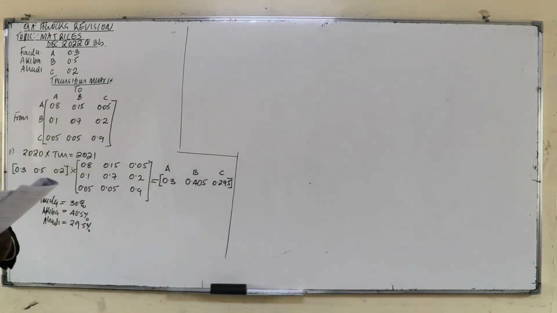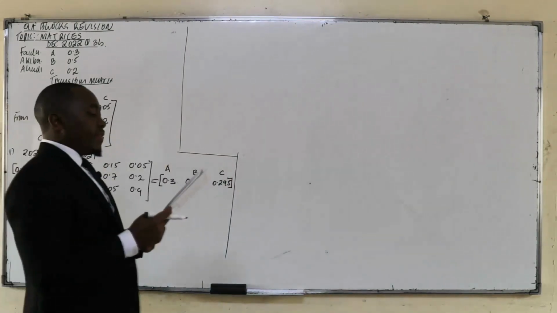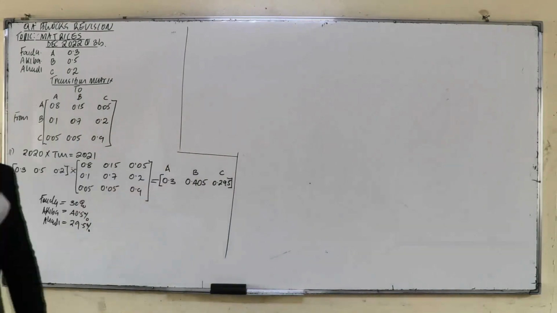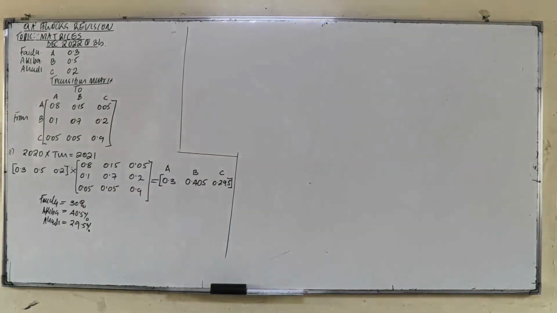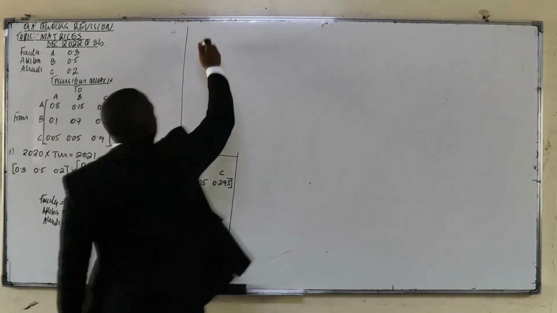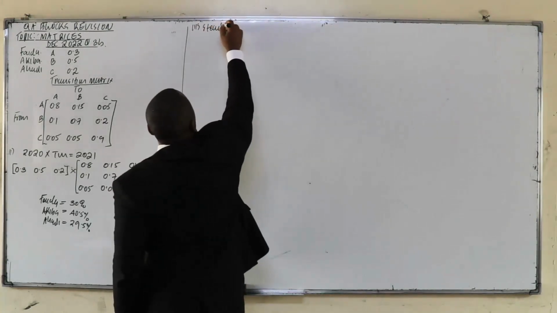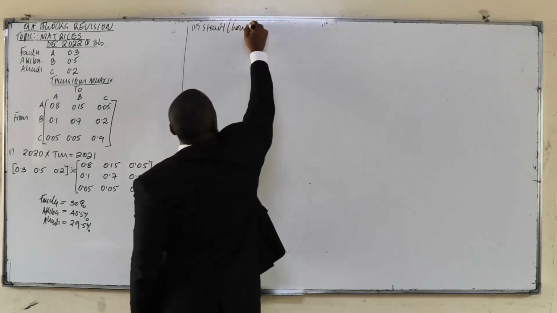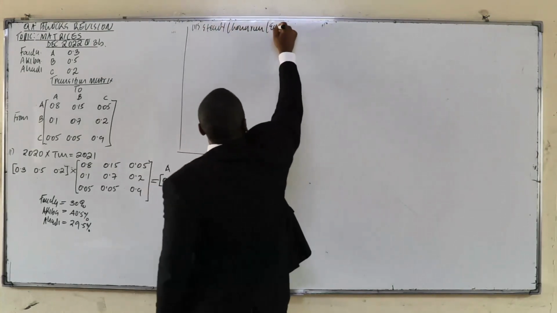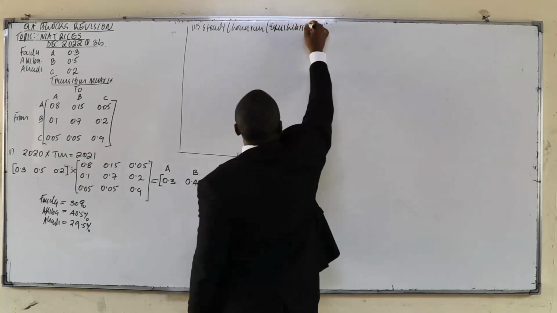Then number C, the steady state market share of the 3 banks, 7 marks, the steady state. See that steady state is also known as long run state or equilibrium state.